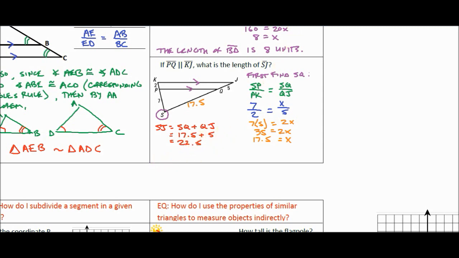So my final answer is going to be the length of SJ is 22.5. Again, we don't know what the unit of measure is, so it's 22.5 units. So there's your basic problem solving using triangle proportionality.